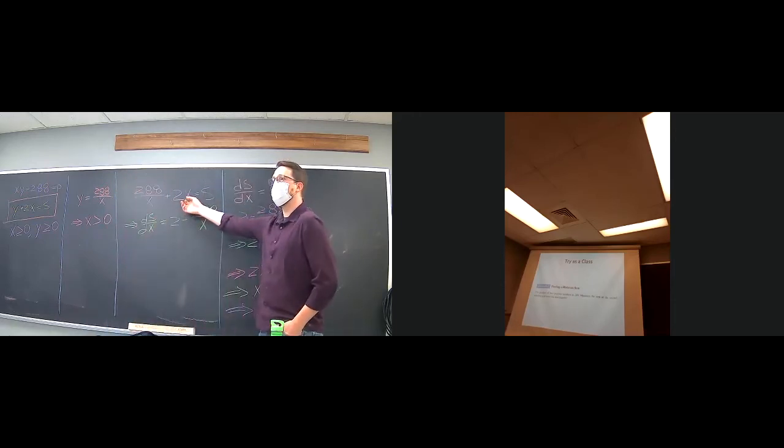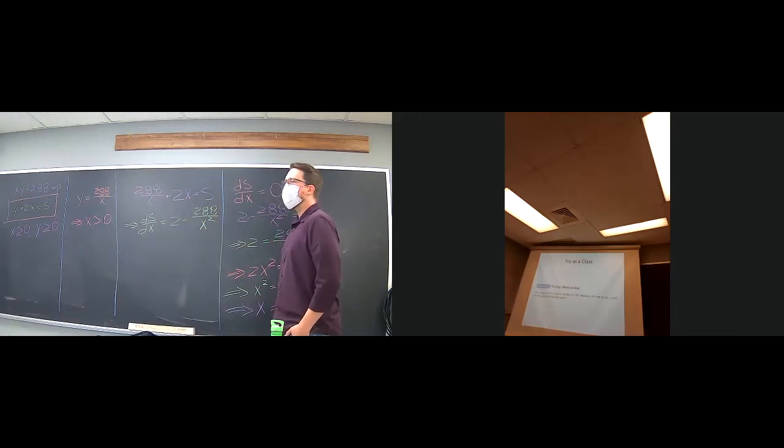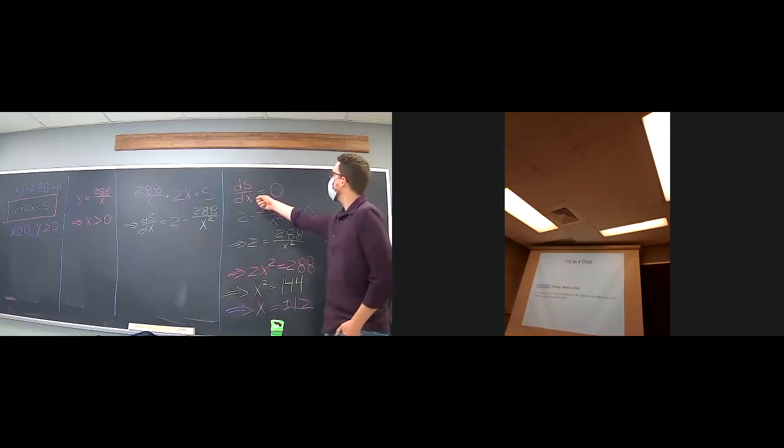Why don't we plug that into our primary equation? That's how we got to the sum here. With that in mind, let's take the derivative, because we need to optimize this, and set it equal to 0.